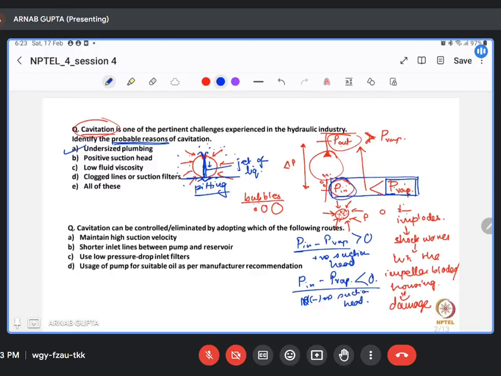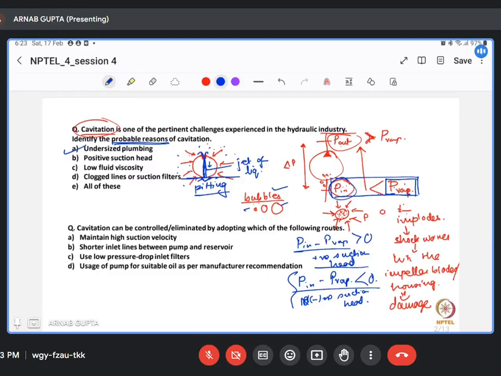So, under conditions of positive suction head, there is no possibility of vaporization and bubble formation. But under cases of negative suction head, this cavitation phenomenon occurs. So, positive suction head is not a reason for cavitation; rather, negative suction head is.